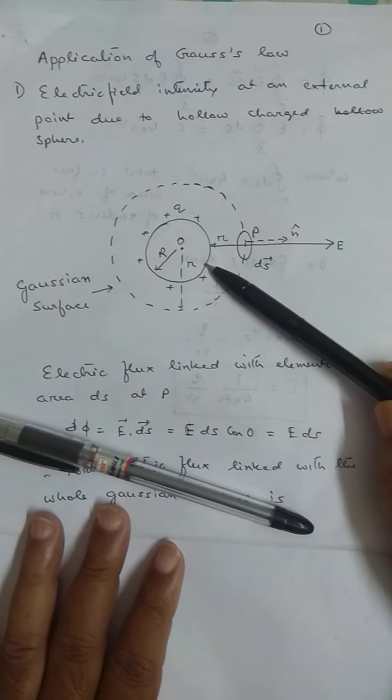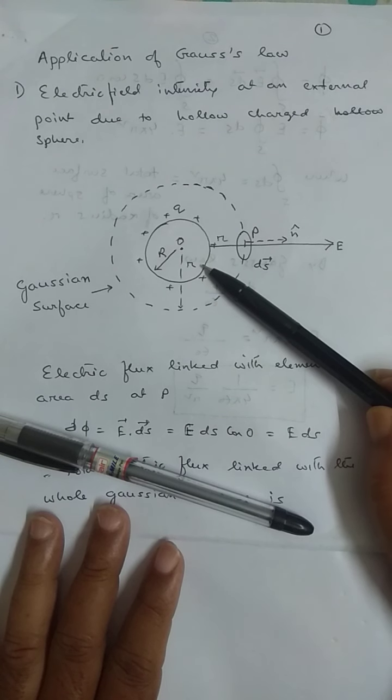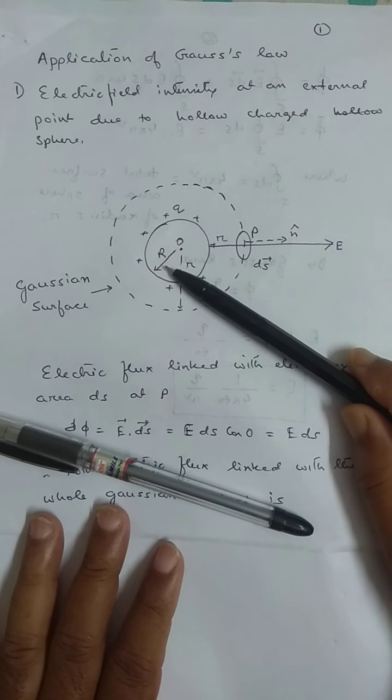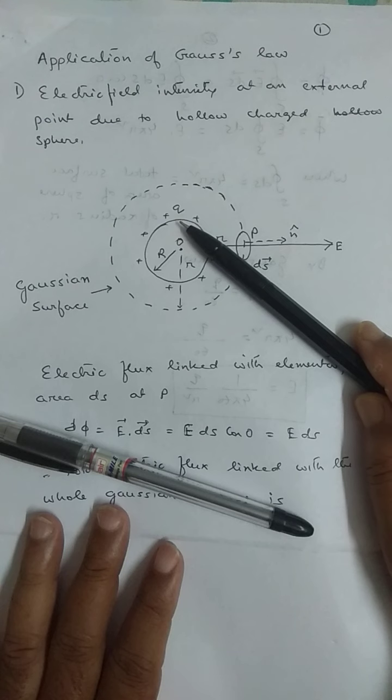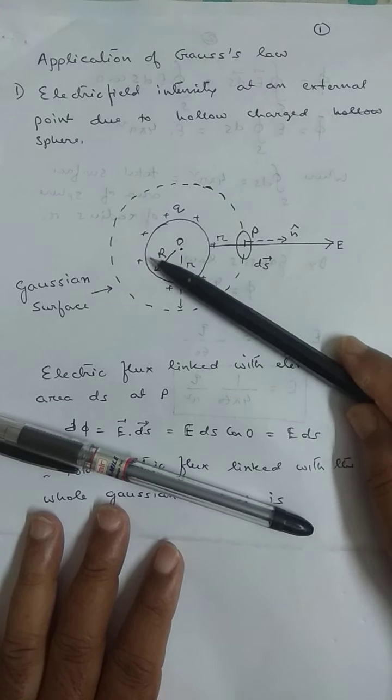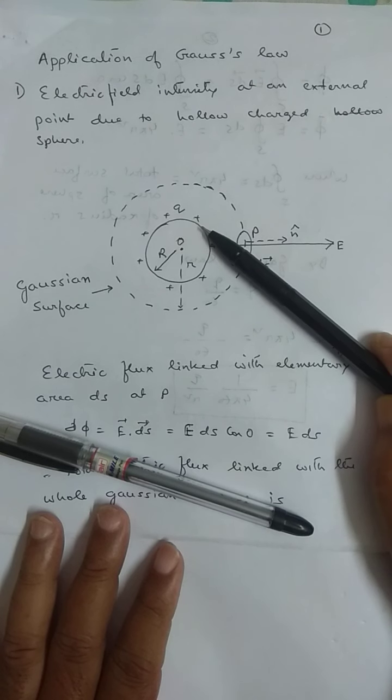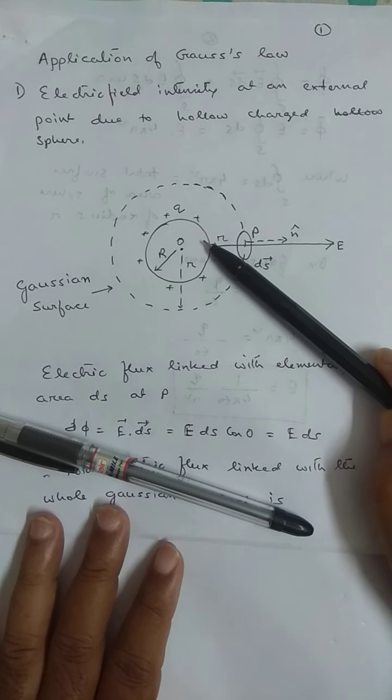So this is the spherical body of radius capital R. Q charge is given on it. This charge is uniformly distributed throughout the surface of the hollow body, and electric field lines will be radially outward from it.